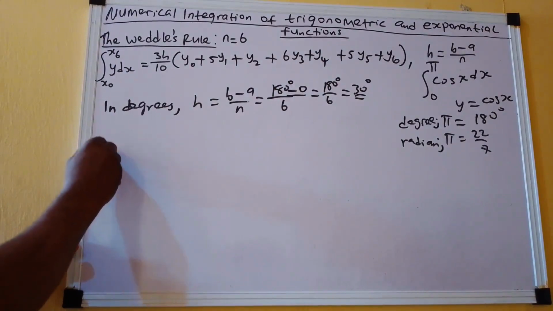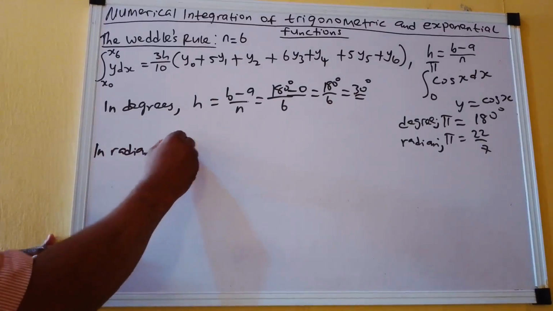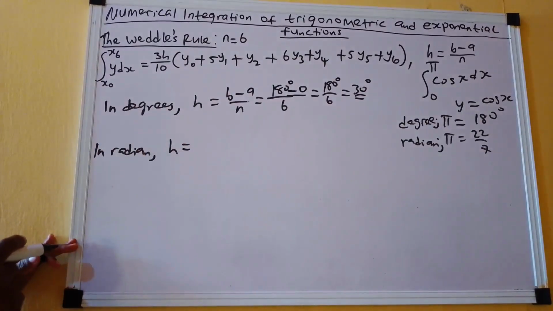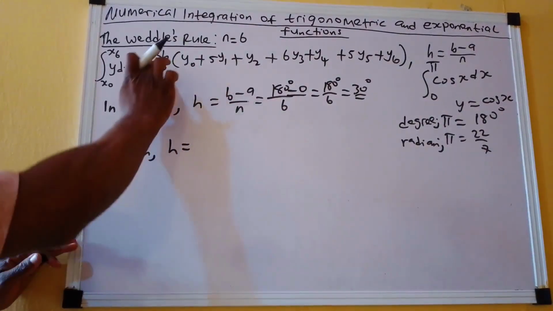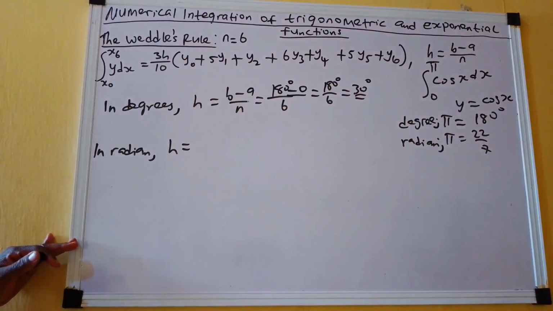Then in radian, our h will be equal to, remember, pi is 22/7 in radian, because here we cannot use the h that we got using 180 degrees.